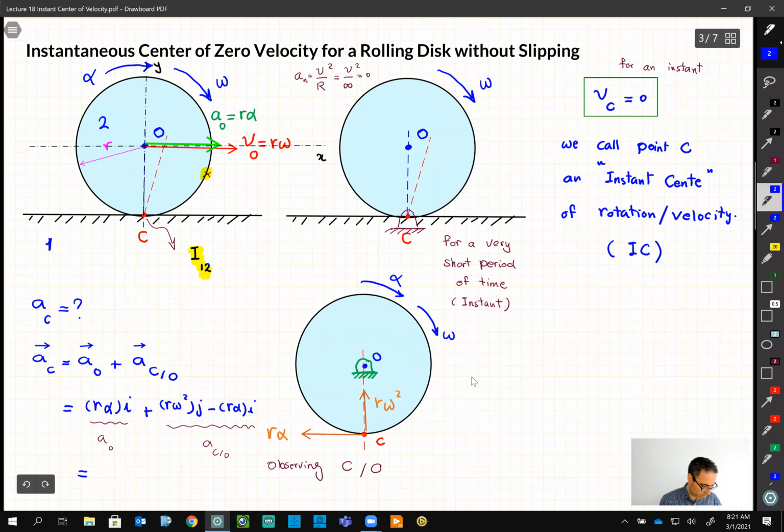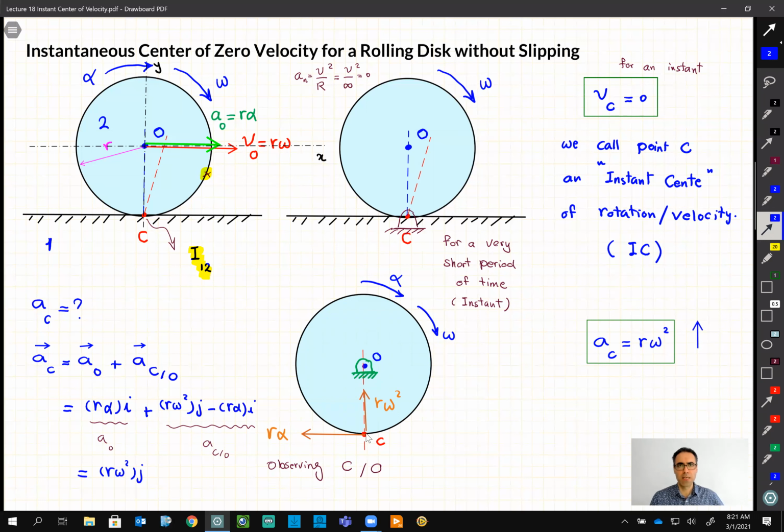What we are going to get is R omega squared J. So what did we find? We found that point C has an acceleration. This acceleration is upward, and its value is R omega squared. Its direction is going up.